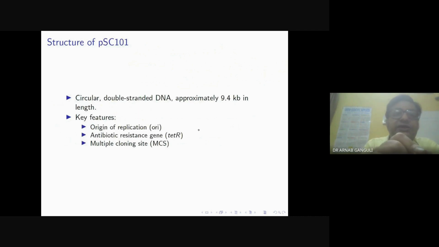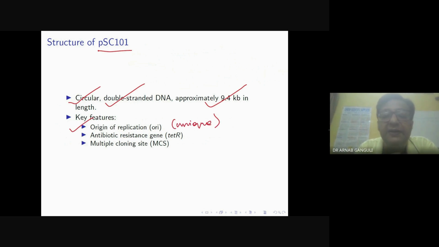So if you look at the structure of pSC101, it is a circular double-stranded DNA approximately 9.4 kb in length. Key features: it has an origin of replication, which is unique. And it has a selection marker, an antibiotic resistance gene, tetracycline R. And it has multiple cloning sites.